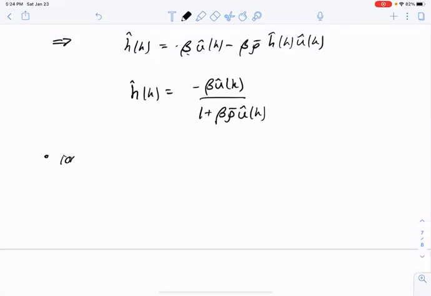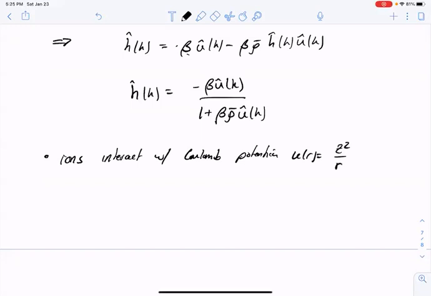We know ions interact with a Coulomb potential. U of R is equal to some z squared over R. The Fourier transform U hat of K of the Coulomb potential is well known. It's 4 pi z squared over K squared.